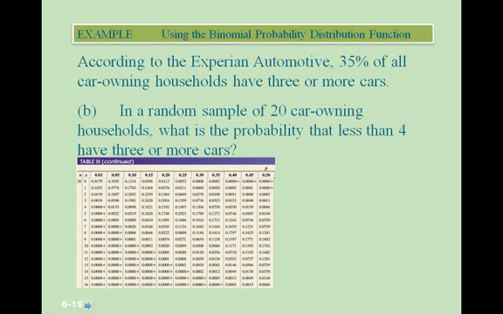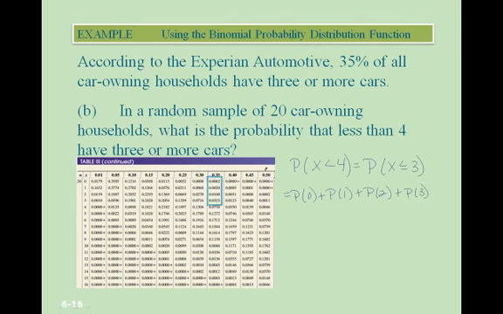In the same way, the probability of less than 4, remember that is the probability that x is less than or equal to 3. So it was the sum of our probabilities for 0 through 3.